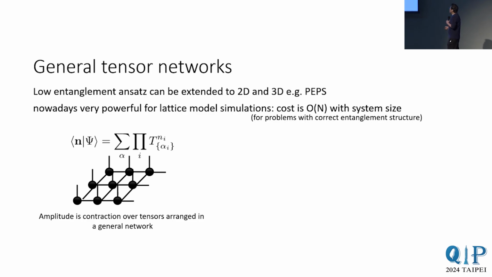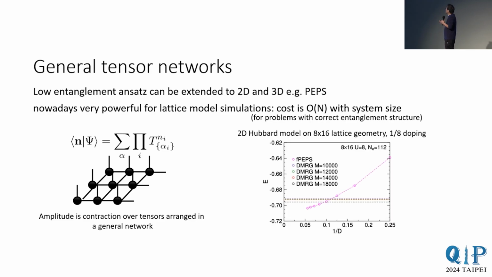So it's nowadays a very powerful technique in lattice models. The cost is linear in the size of the model if the tensor network has the right structure to match the entanglement. An example of a modern calculation from our group is the two-dimensional Hubbard model on a lattice with a reasonable width.